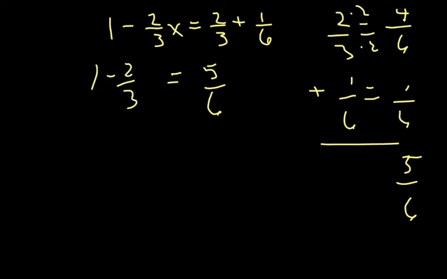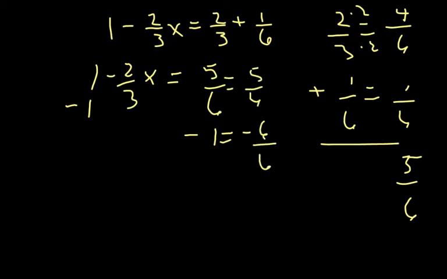And then keeping it simple and doing one step at a time. Now we want to work towards getting x by itself, so we're going to subtract 1 here. And this would be minus 1. So what I'm going to do this subtraction is make this equal to negative 6/6.